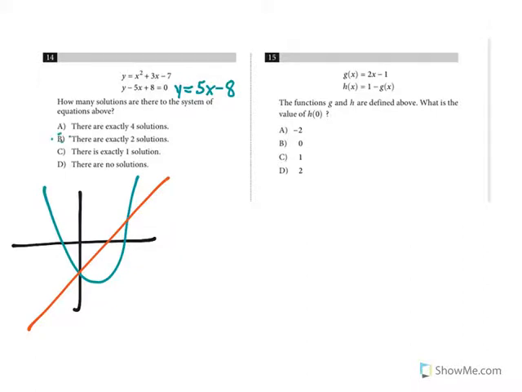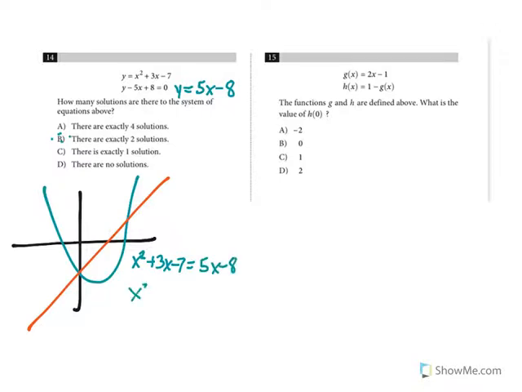But another way we can see that is we have y equals x squared plus 3x minus 7. We also have y equals 5x minus 8. So one of the things we can do, since we have y by itself, is set them equal to each other so that we have x squared plus 3x minus 7 equals 5x minus 8.